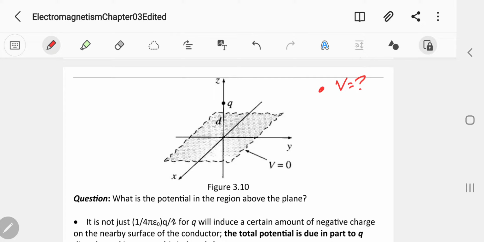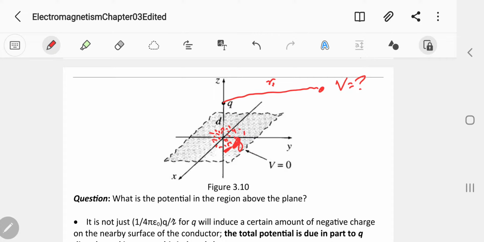So the potential will be caused by Q, and there will be an induced negative charge here. Why negative? Because the charge Q will attract negative charge on the conductor to counter it. So it has to be negative of something.